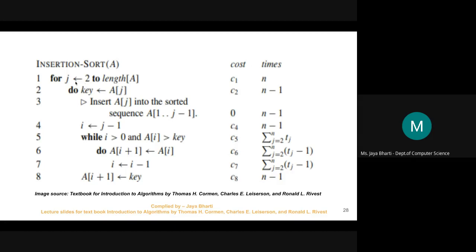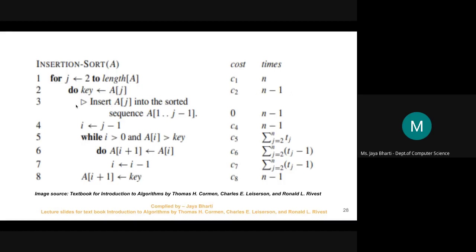We are starting from 2, so already it is n minus 1. But we are running it one more time for the false condition, so it will be n minus 1 plus 1. So it will be n only. Then all the statements in the for loop will run n minus 1 times. So this one will run n minus 1 times.